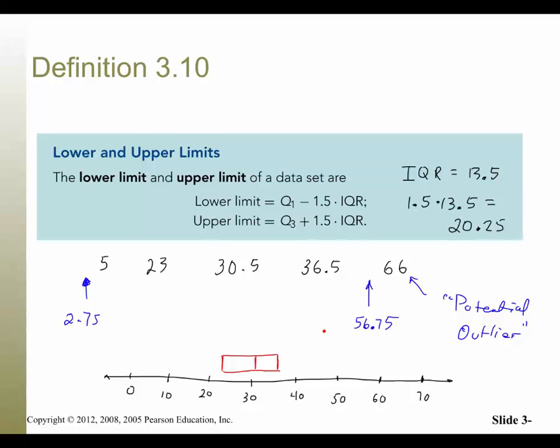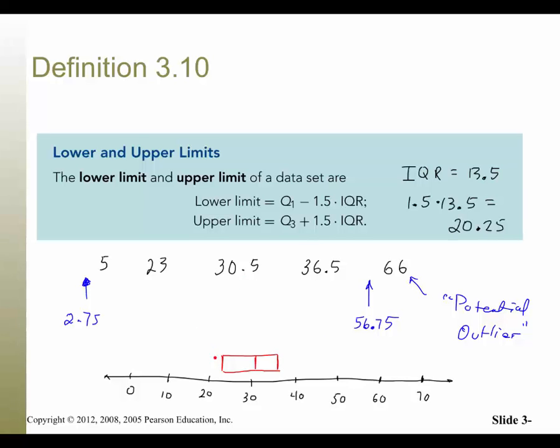And now we create what's called the whiskers, and the whiskers go out to the lower and upper limits. Or, okay, the whiskers will go out to either the lower or upper limits, or the max or the min, whatever makes sense.